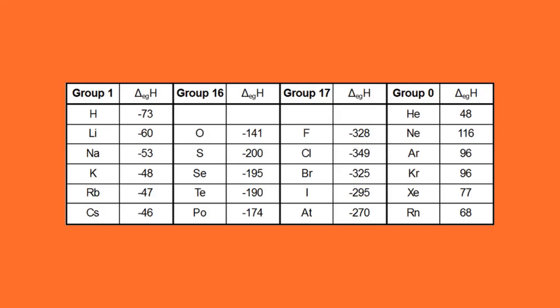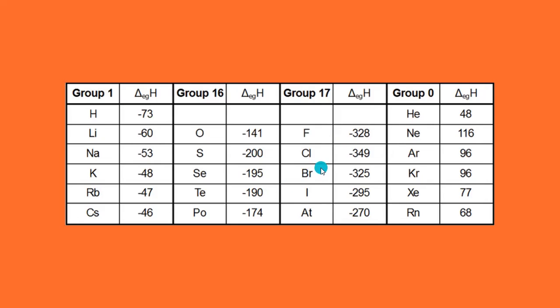Now, if you notice over here, fluorine has a less negative electron gain enthalpy than chlorine. This is because of the small size of fluorine. Because of its small size, there will be relatively more electronic repulsion. Due to that, the electron gain enthalpy of fluorine is less negative than that of chlorine.